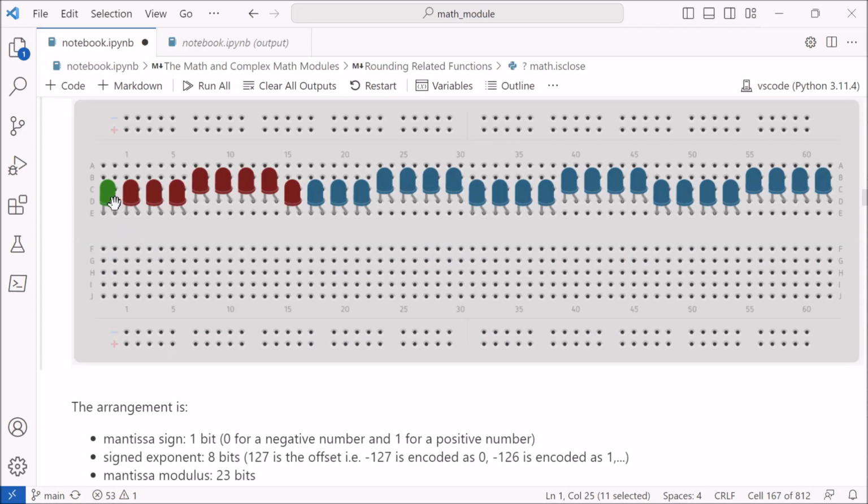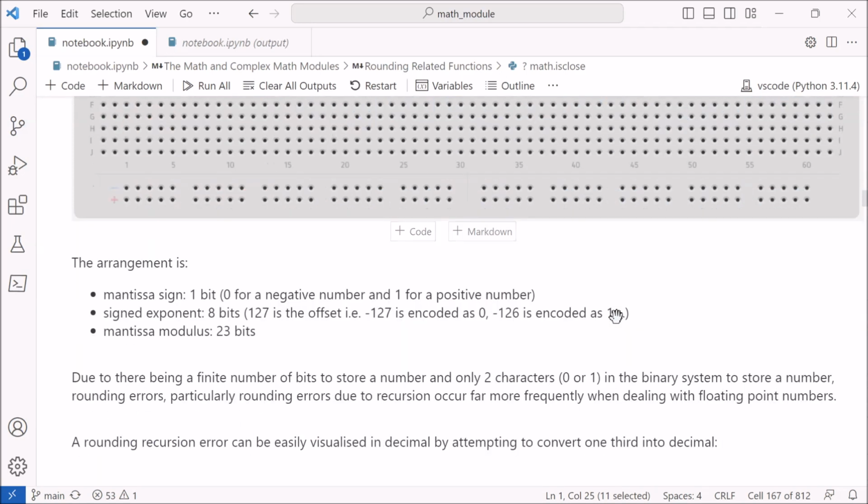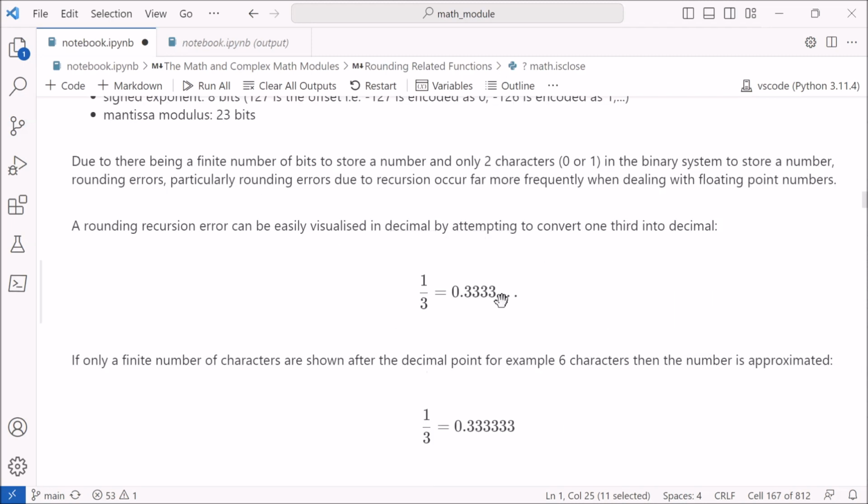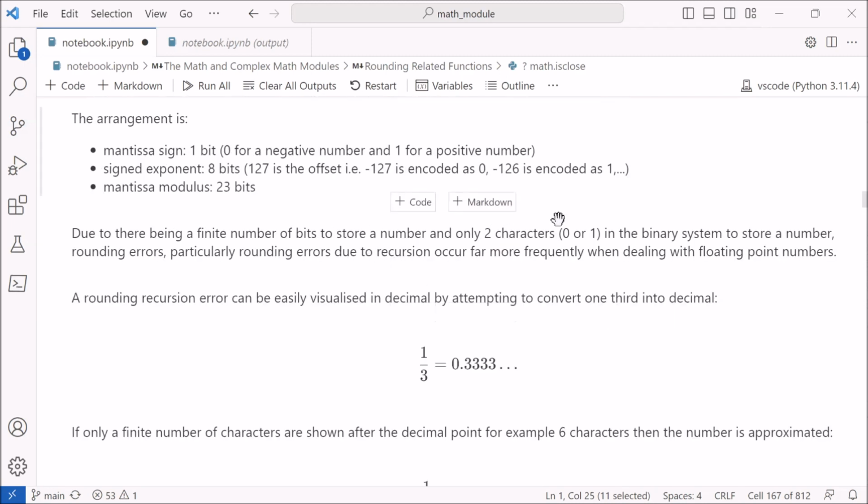So we've got 1 bit for the mantissa sign, 8 bits for the signed exponent, and 23 bits for the mantissa. Due to there being a finite number of bits to store a number, and only 2 characters in binary, there are a number of recursive rounding errors, and these occur far more frequently than in the decimal system.